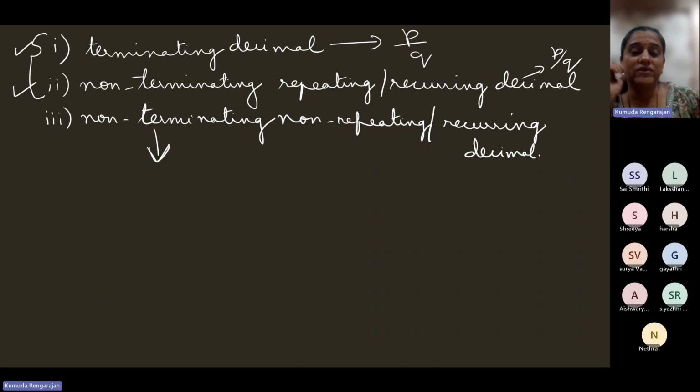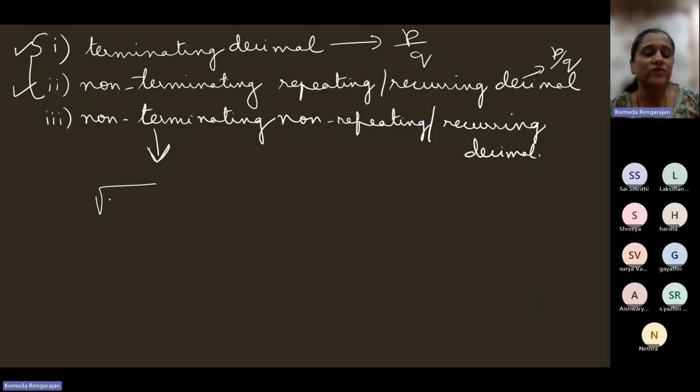So when will you get a non-terminating, non-repeating or non-recurring decimal? Now this one is not a result of a division process. These are from square roots of imperfect squares.